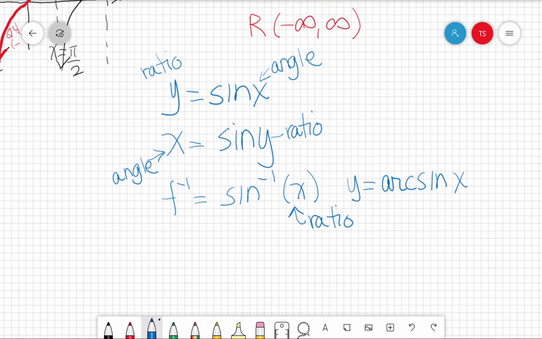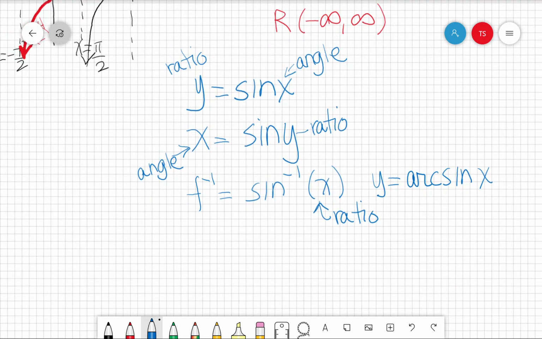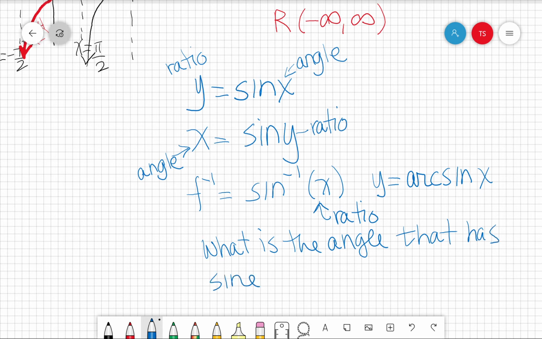And the question that the inverse is answering is, what is the angle that has a sine of this ratio? So in the case of the inverse, the input is the ratio and the output is the angle.